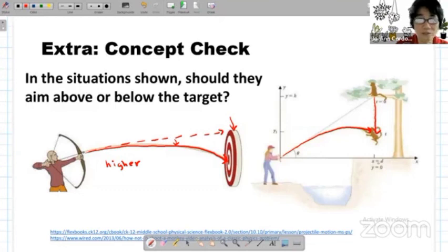So the monkey and the banana will collide at a certain point, even if the zookeeper aims at the monkey. So in this case, aim directly. That's the difference between the situation for the zookeeper and the situation for the archer.